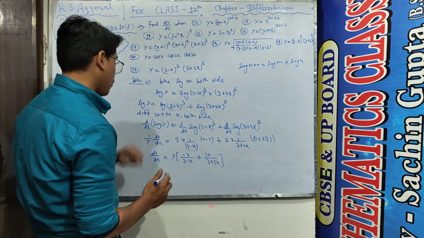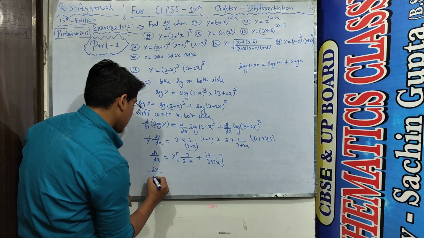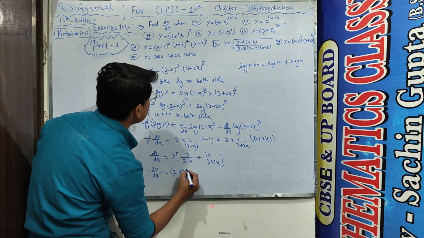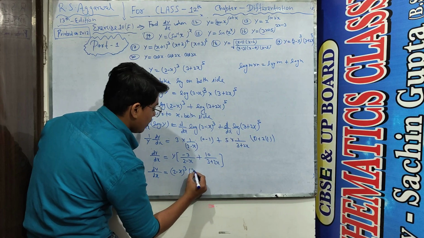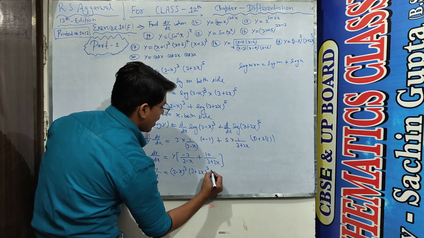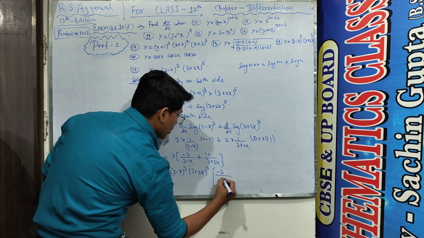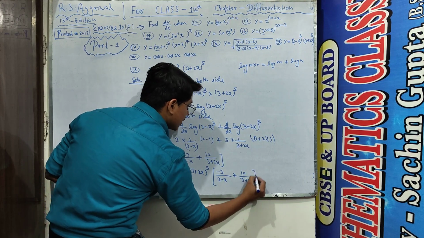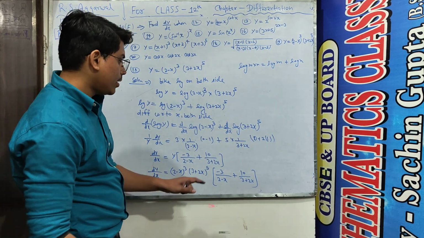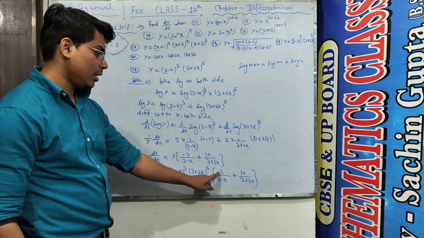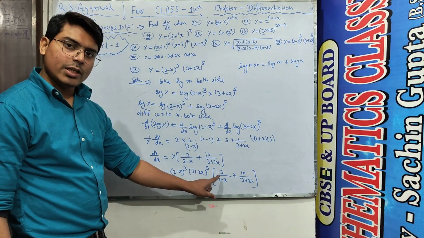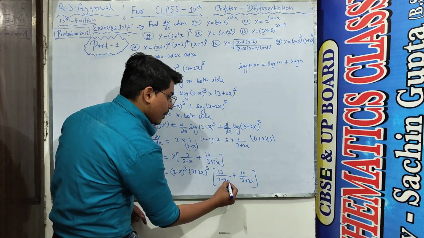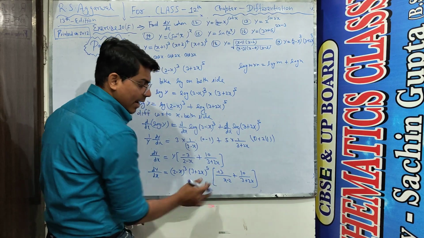Now I put the value of y which is given in the question, (2 minus x) whole power 3, (3 plus 2x) whole power 5, times minus 3 upon 2 minus x plus 10 upon 3 plus 2x. If student you want to multiply this fraction by minus 1 in the numerator and denominator, then it becomes plus 3, and this becomes x minus 2.